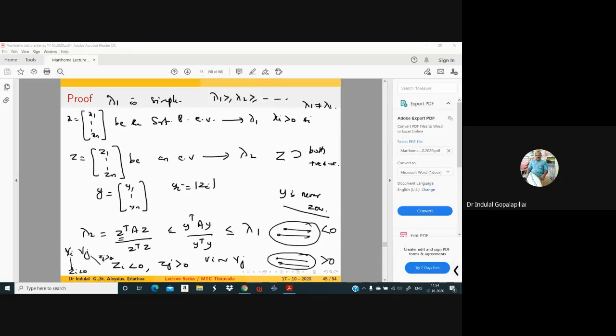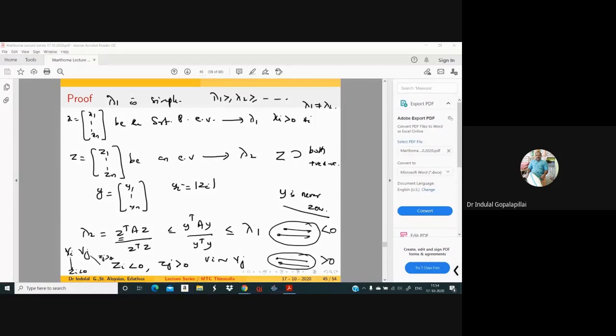But the problem is then the graph is disconnected. Those vertices with zi less than 0 form one component, and those with zj greater than 0 form a different component, so the graph cannot be connected.